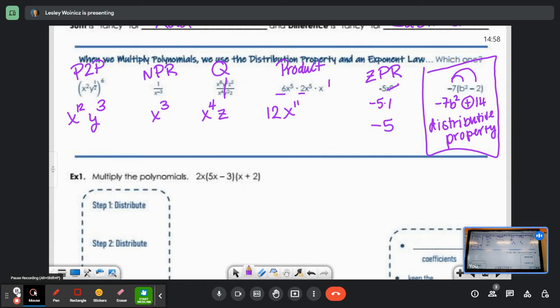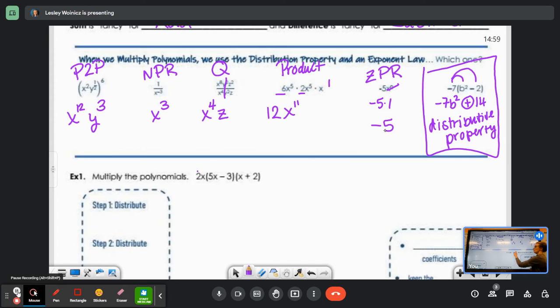Okay, which one of those do we need to multiply polynomials? Yeah. Okay, yep. Okay, look.